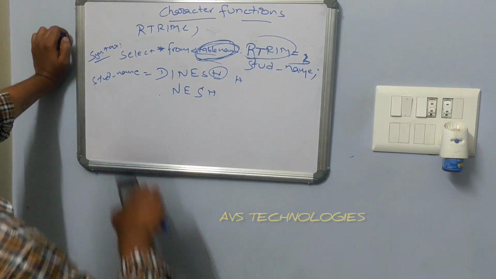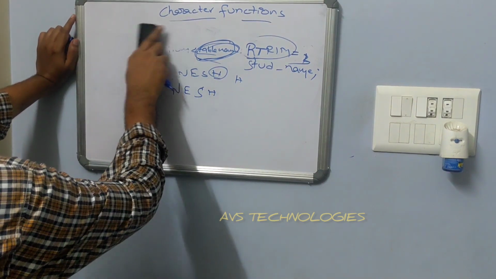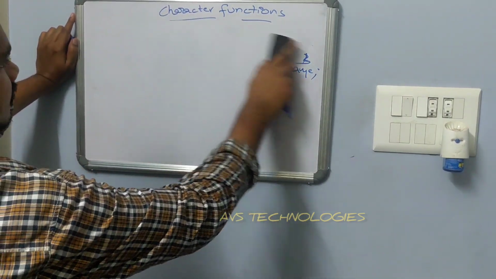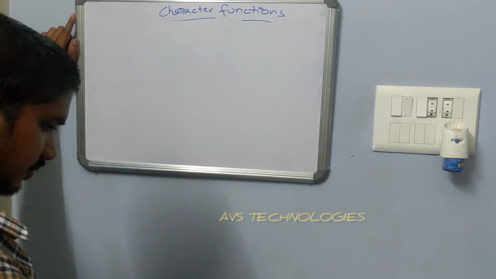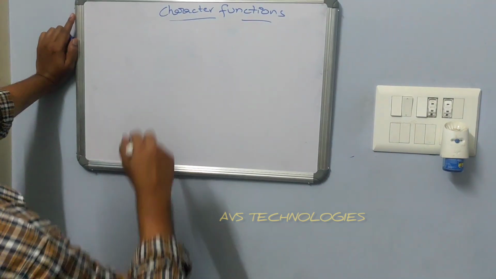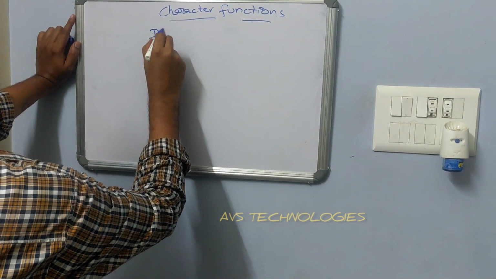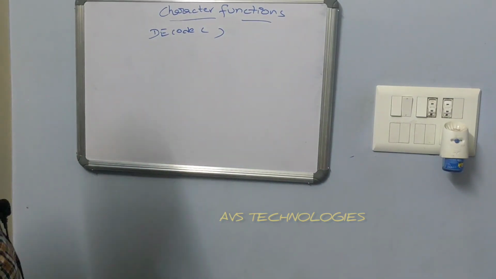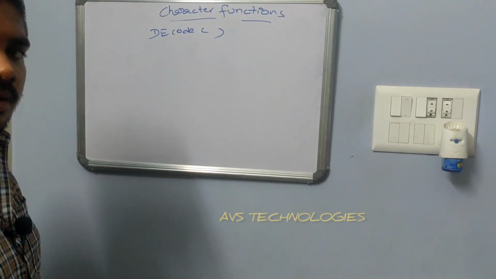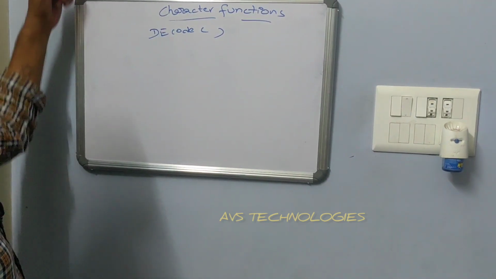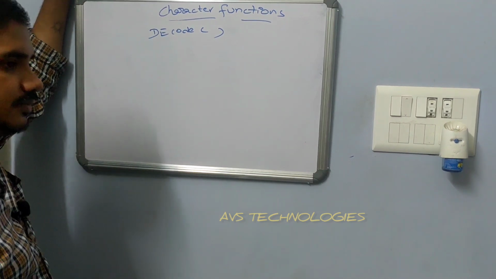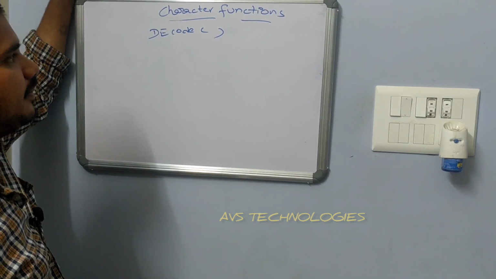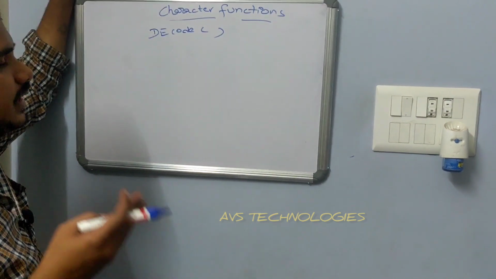And the next one is the decode function. Decode is a character function. Whatever expression you use, it will compare the expressions in table 1 and table 2.